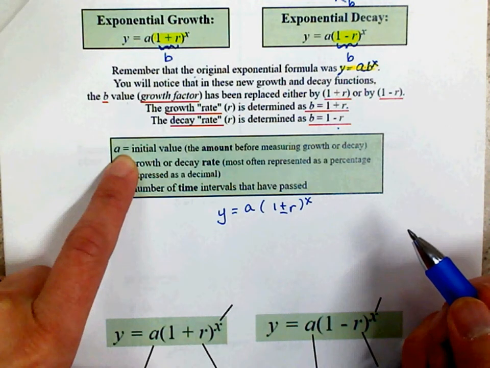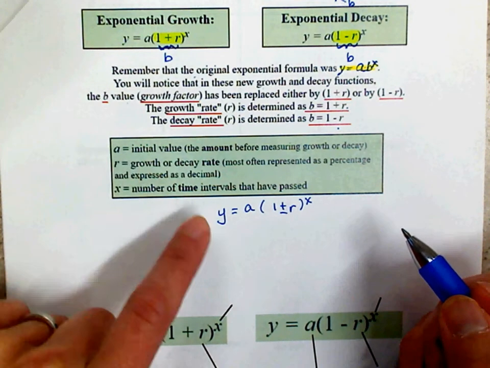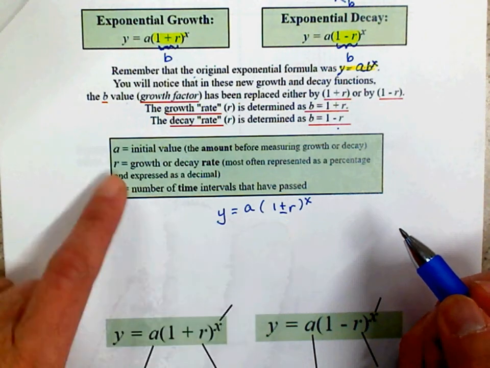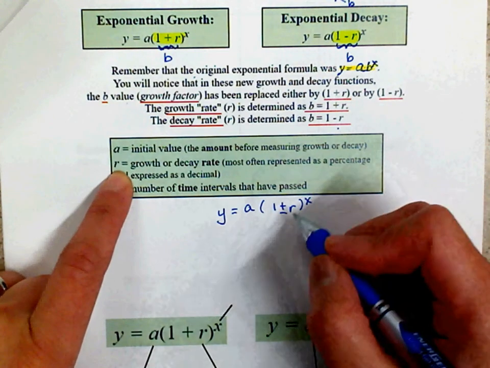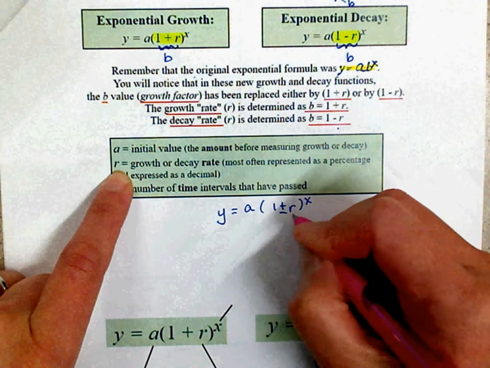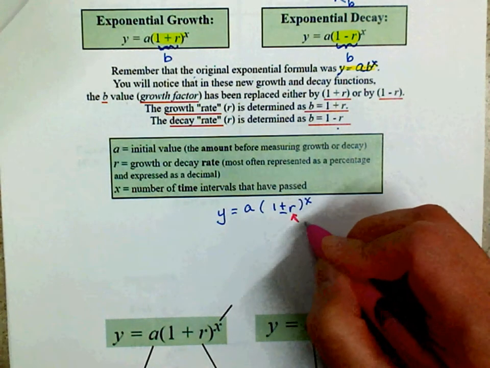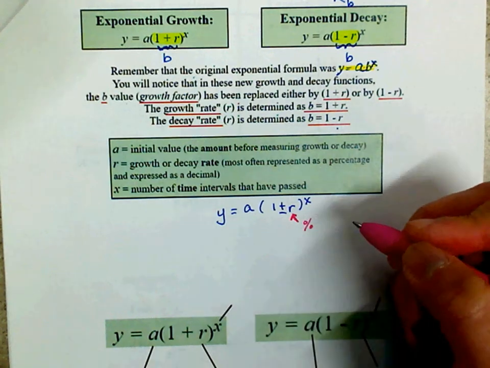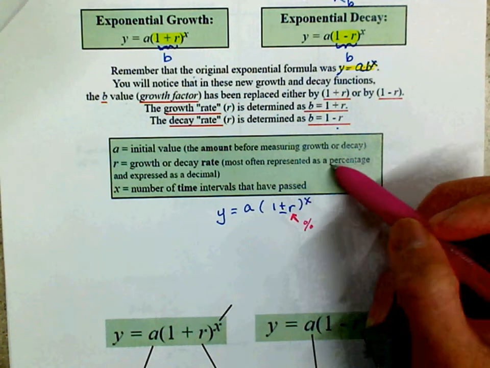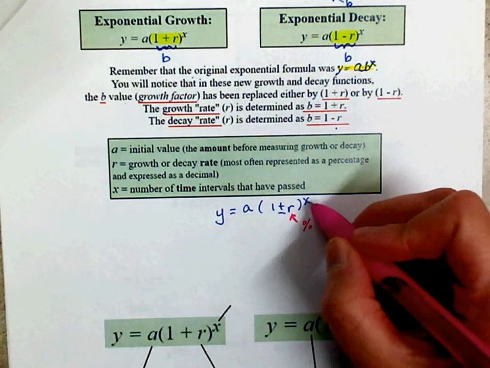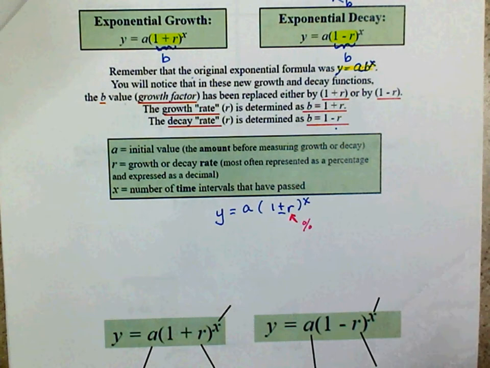The B is your 1 plus R, where R is your rate, and your rate is always a percentage, expressed in decimal form. And x is the number of times that have passed. So, everyone got that? Now let's go over all this.